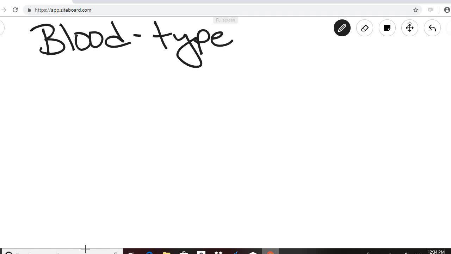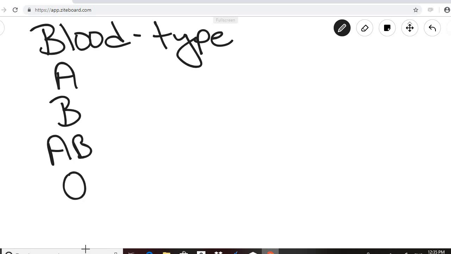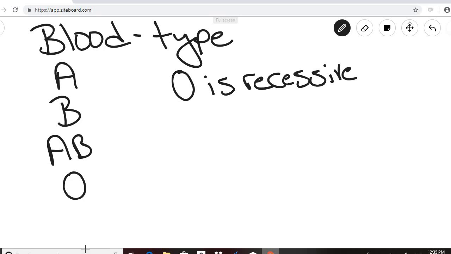There are 4 possibilities for blood type, and those 4 blood types are type A, type B, type AB, and type O. And what we know about blood type is that O is recessive to A and to B.